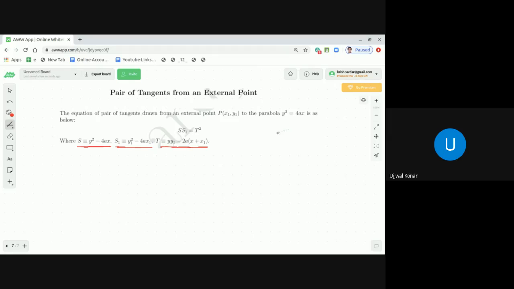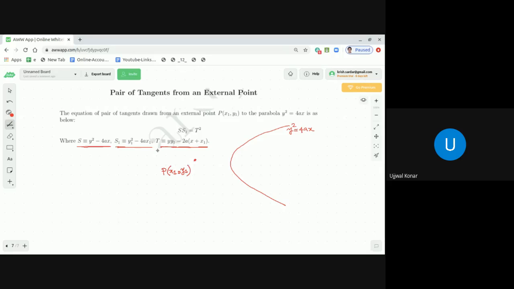Suppose this is the equation of the parabola y square equal to 4ax. Dear students, now let's take an external point with coordinates x1 comma y1.